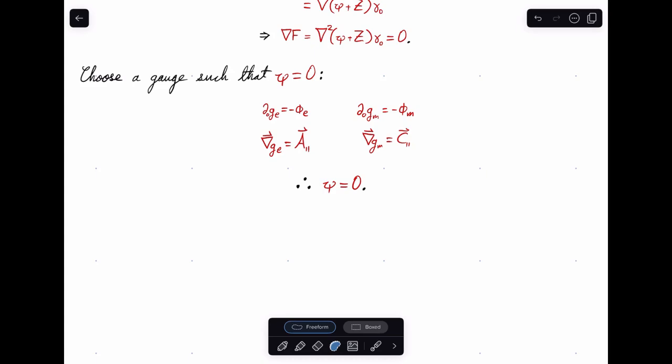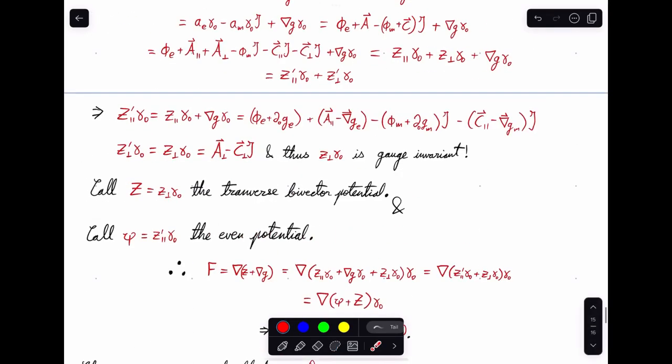So choosing these gauges here makes this disappear. So this disappears, which means this disappears.